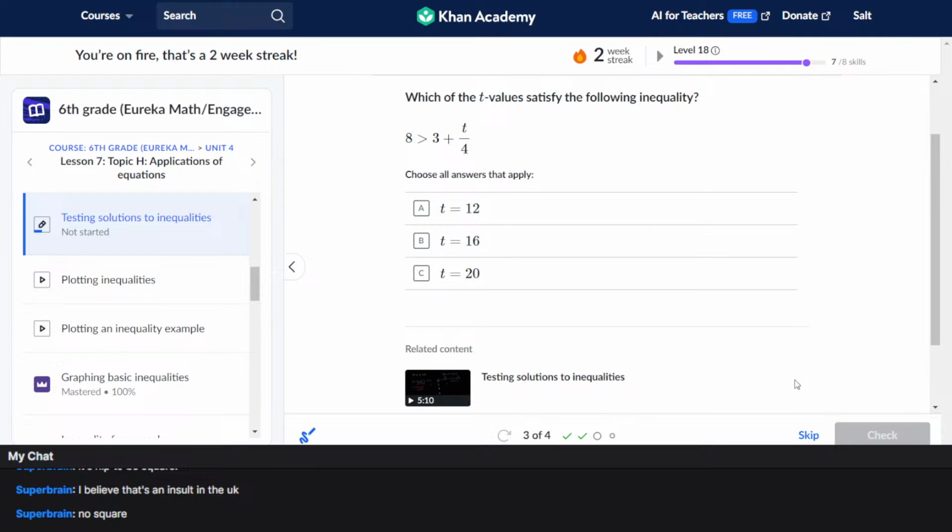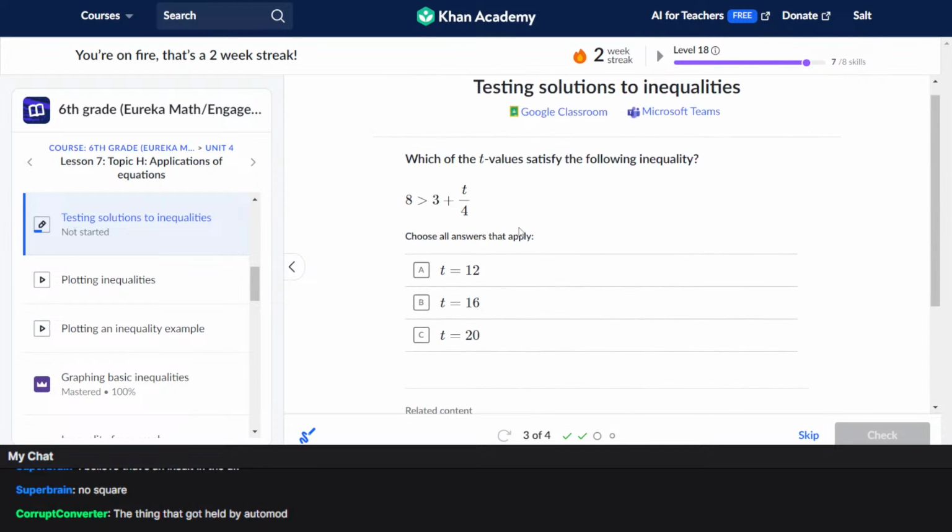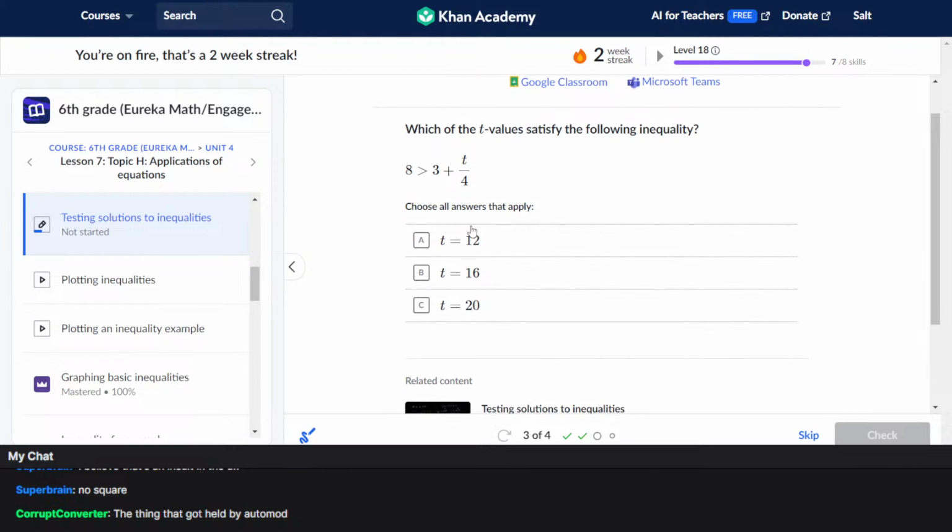But you're supposed to be there or be square, right? Corrupt Converter says the thing that got held by Automod. Oh yeah. But you're supposed to be there, be square. That's what I'm saying. Squares. I guess it's bad to be square, but.